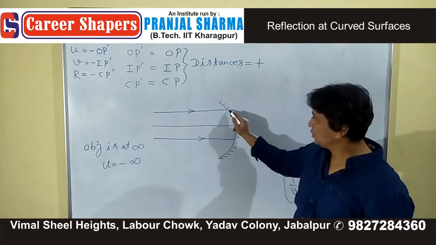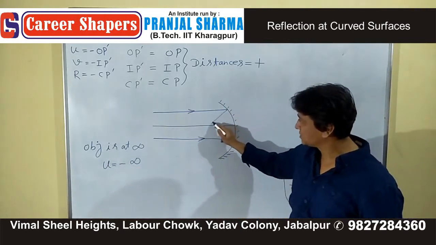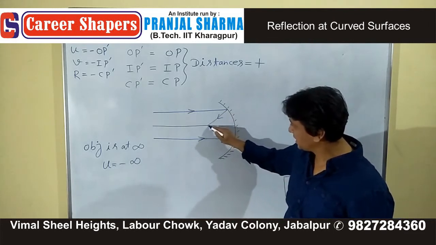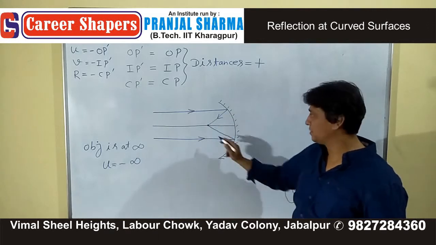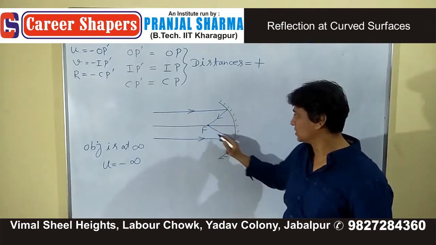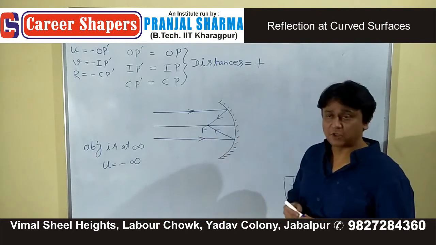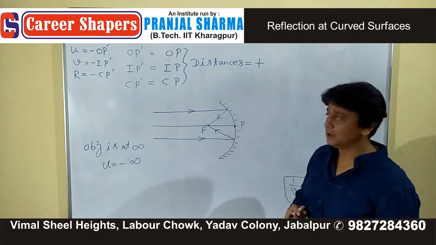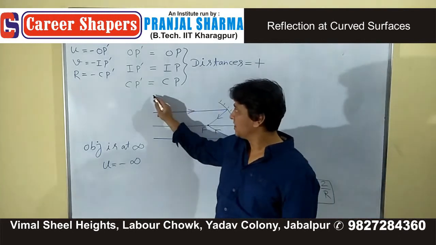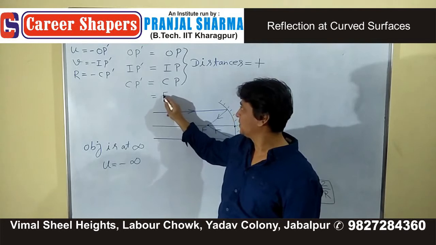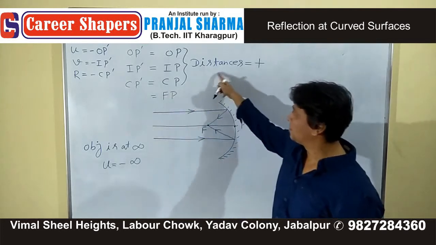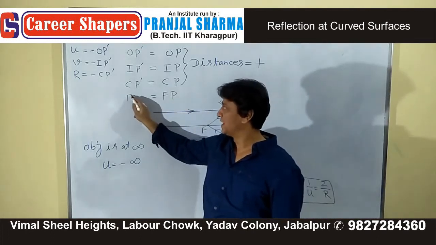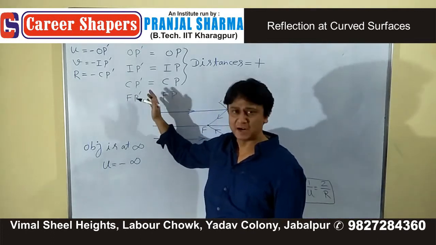And then we know that when parallel rays meet after reflection, they meet at the focus. This is P. Now, if I say FP, then remember it's what? Distance. You can always write FP dash, but it doesn't matter now.